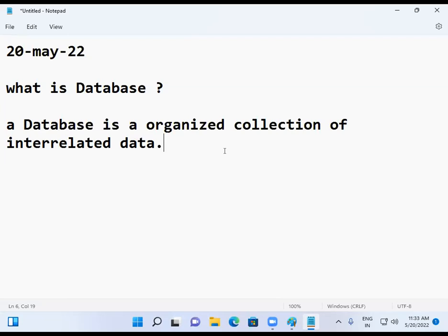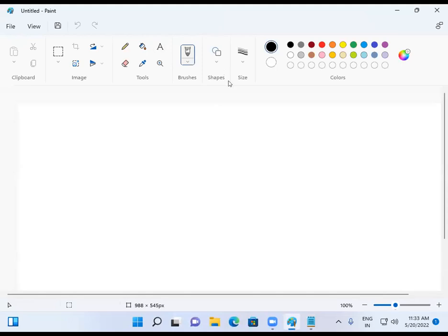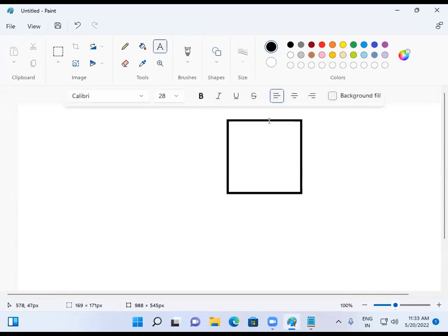What does this mean? For example, suppose you see this is a bank database. A bank database stores data related to what?